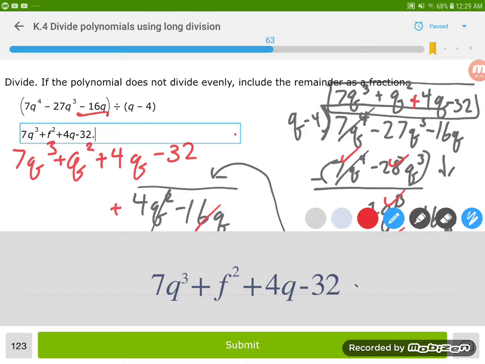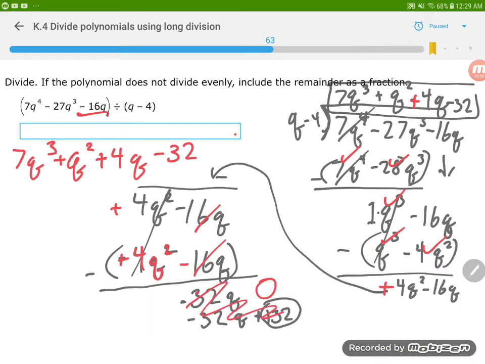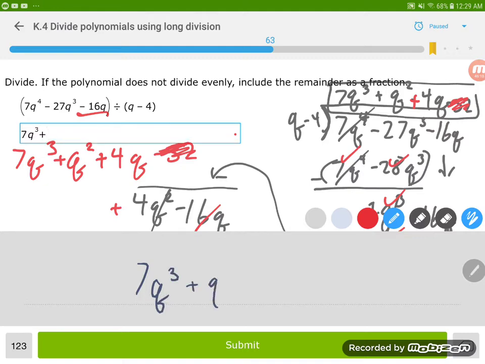Oh, but there's no 32. Because we stopped right there, that negative 32 wasn't there anymore. One more time.